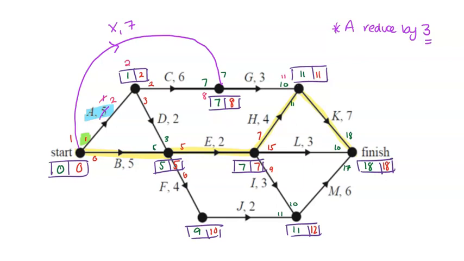So basically just checking at the points where our pathways join back into the critical path, at the vertices there, that it's not changing the value that we're going forward with in our forward scan, and it's not. So we can safely say, yes, reduce A by 3.